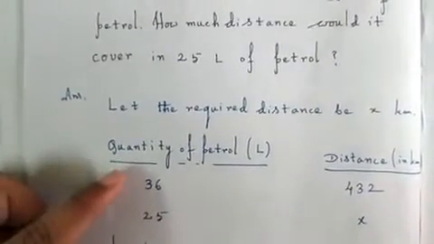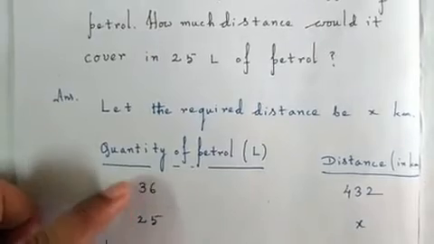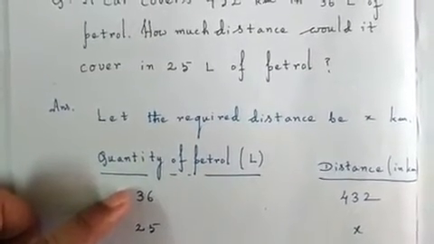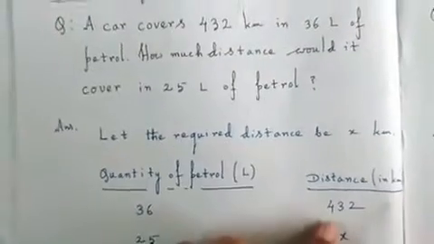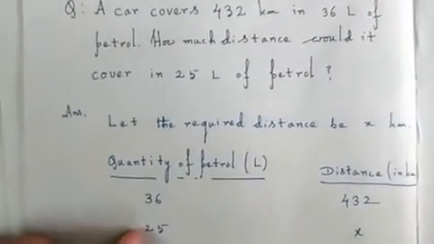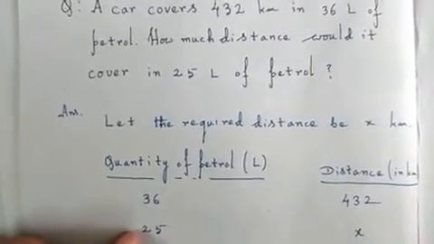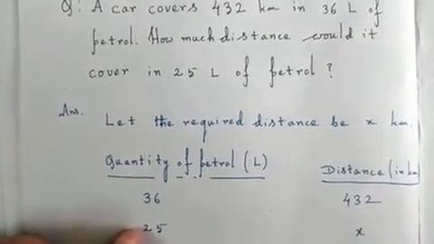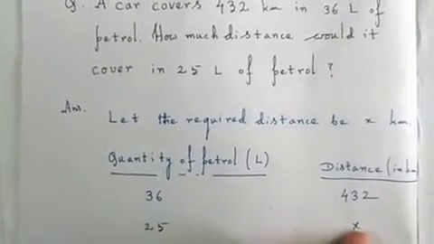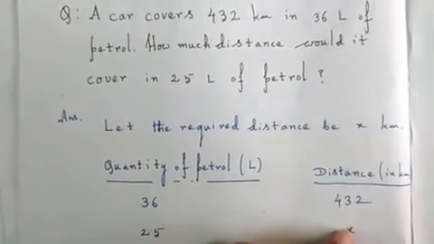Now here the quantity of petrol is decreasing, 36 to 25. If a car with 36 liters of petrol can cover 432 kilometers, then if that same car has 25 liters of petrol, it will cover a lesser amount of distance, so it is decreasing.